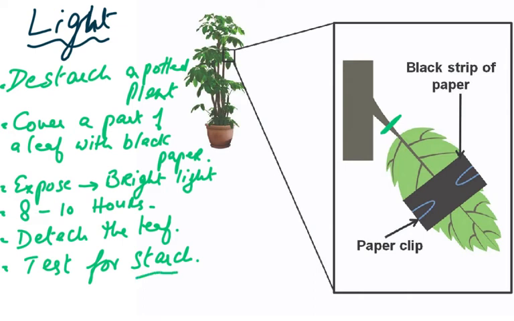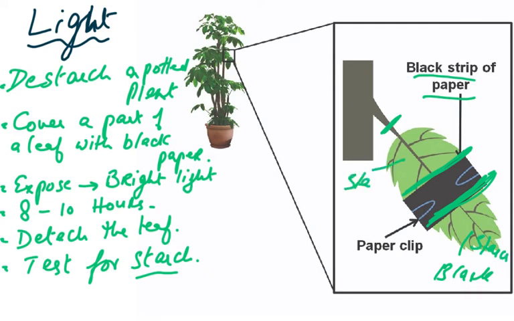Now, wherever there was the paper clip, wherever there was this black strip of paper, this area here will not turn black, while this area will turn black. Why? Because when you react with iodine, this area will contain starch, this area will contain starch. So if starch is present, it will convert to blue-black in the presence of iodine.